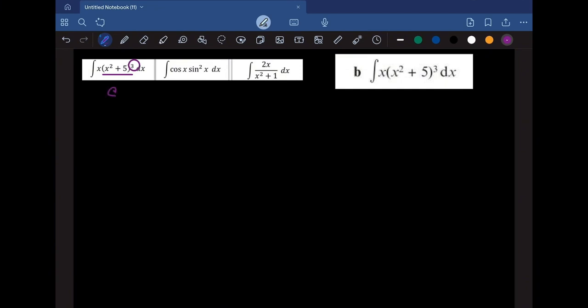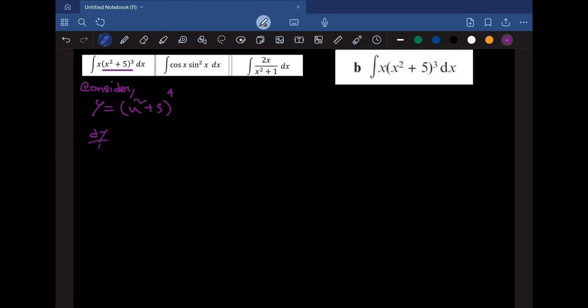So consider y is equal to x squared plus 5 to the power of 4. We will increase the power by 1 and then differentiate it. So dy by dx is equal to 4 times x squared plus 5 cubed into 2x, right?